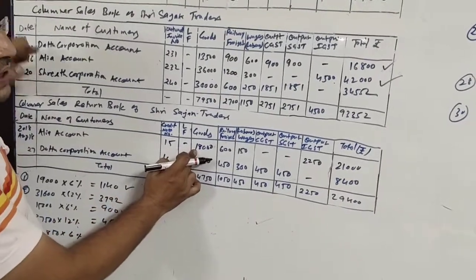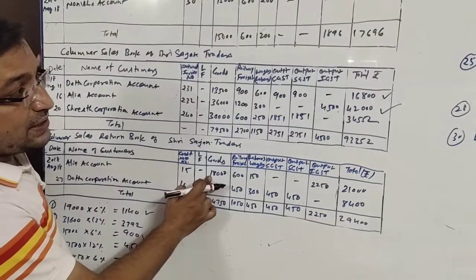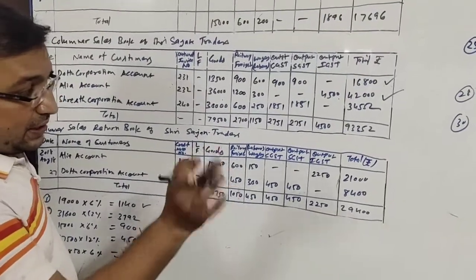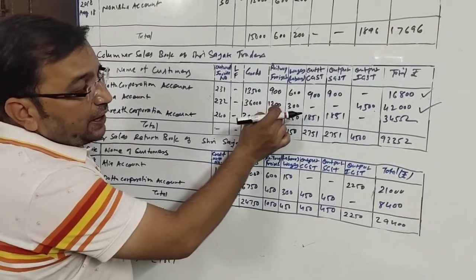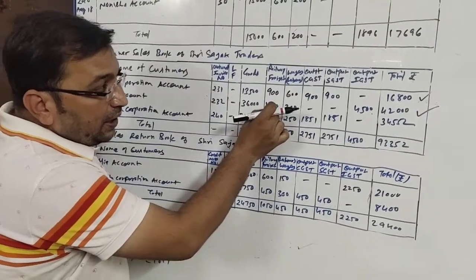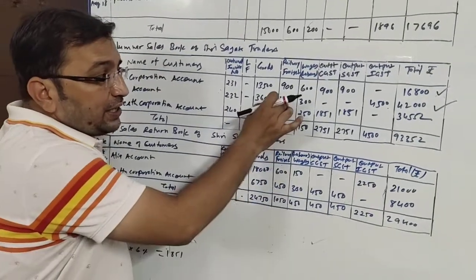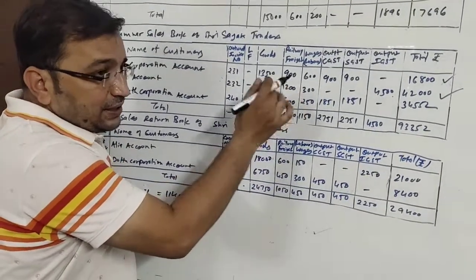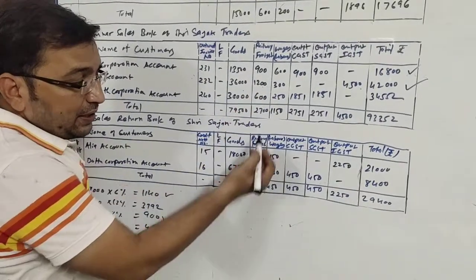It is also mentioned that the proportionate amount of railway freight, wages and GST is reversed, that is, adjusted. When we sold goods, we added 1200 for railway freight, so now we have to bear it. So 600 credit we will have to give. How come 600? 50% of 1200. So 600.